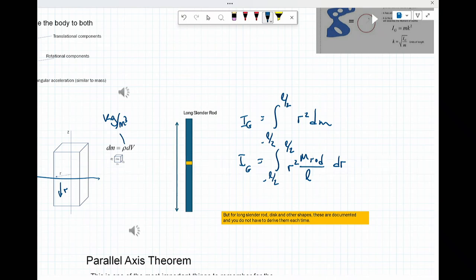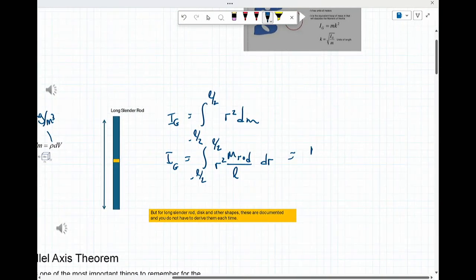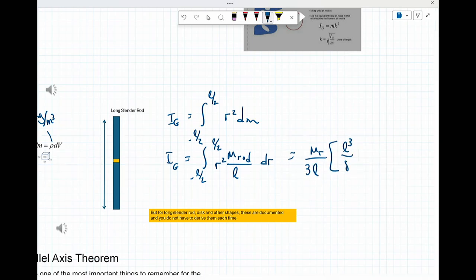Instead of calculating it for everything, I can take a shell element or a disk element, take each of those disks and sum them up. I'm just integrating all the way across, from top to bottom, and I end up with r squared times the mass of the rod divided by its length, because that gives me kilograms per meter, dr. I end up with mass of the rod over 3L, times L cubed over 8 minus L cubed over 8.